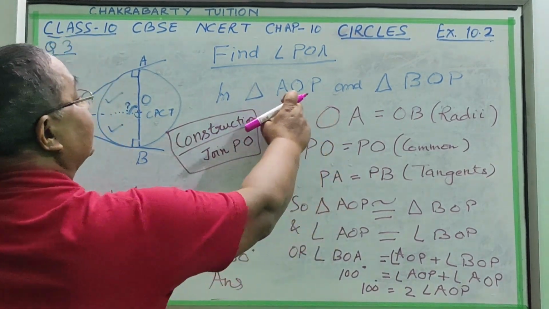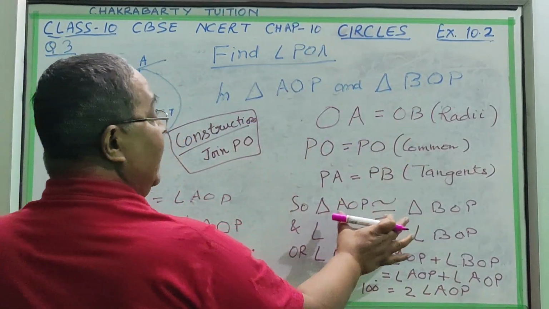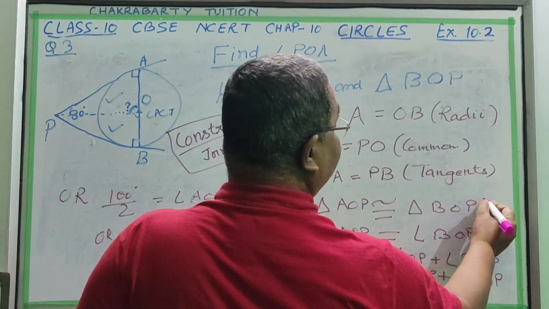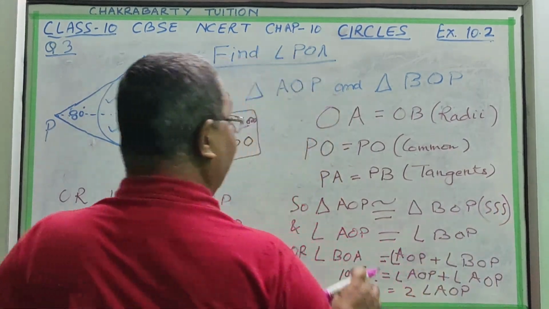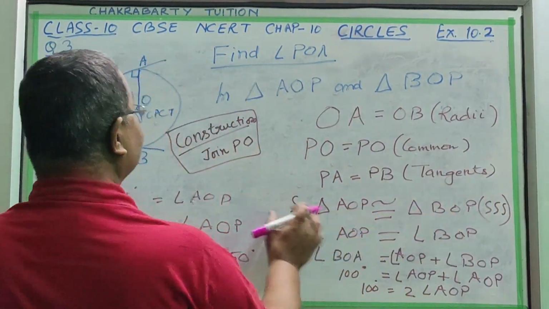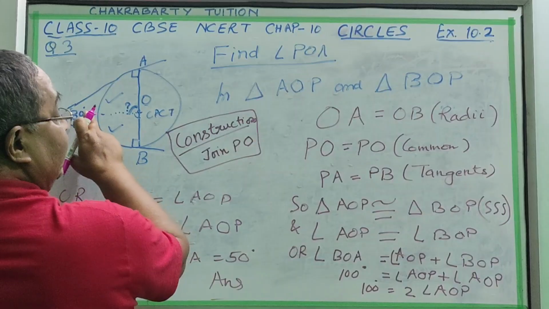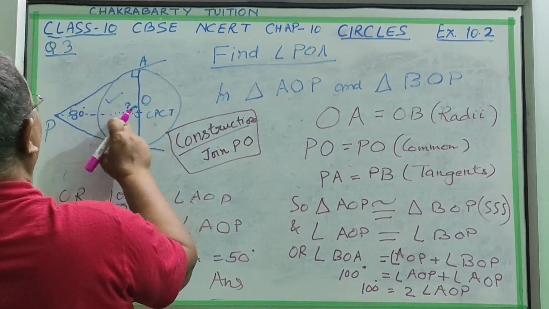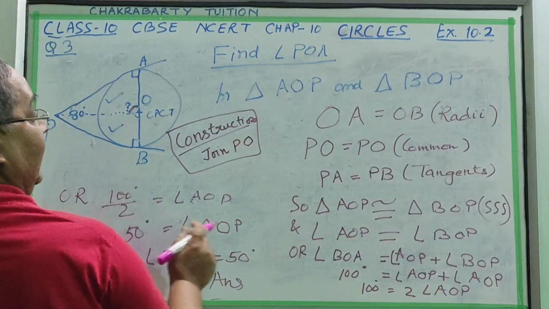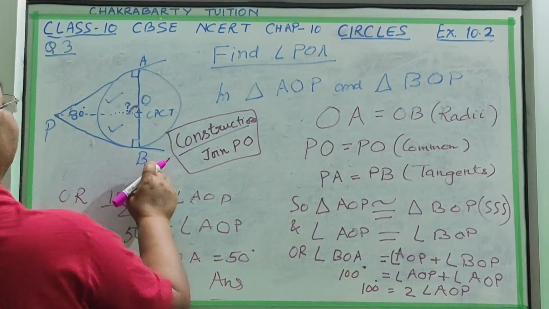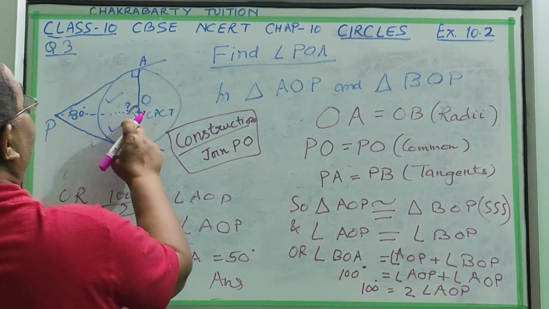It means this triangle and this triangle are congruent based on the side-side-side rule. When they are congruent, all their corresponding parts are equal, so angle AOP will be equal to angle BOP. This is known as corresponding parts of congruent triangles. On this basis they will be equal.